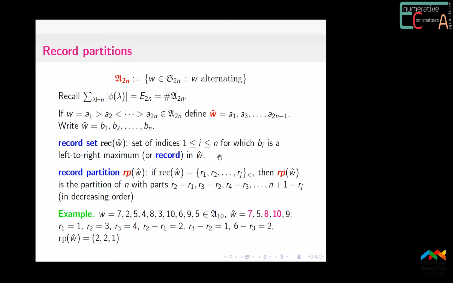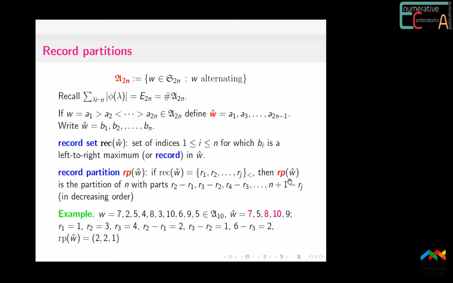Now the record partition is the partition whose parts are the differences between the consecutive records, arranged in decreasing order, so that we have a partition. The parts of the record partition are, if the record set is r_1, r_2, up to r_j in increasing order, r_2 minus r_1, r_3 minus r_2, etc., and then at the end, n plus 1 minus r_j.